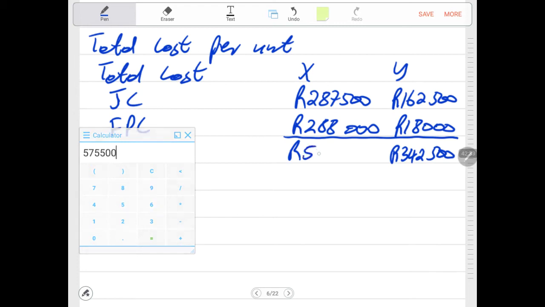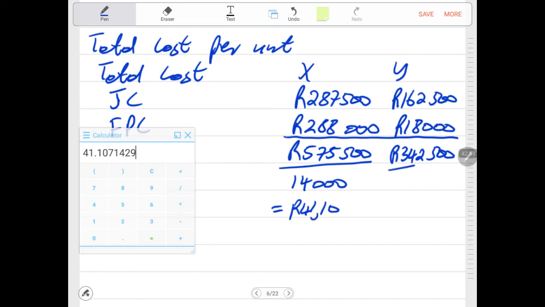It is 575,500. Divide by the number of units that were produced. Divide this by 14,000. We get to our total cost per unit as 41 rand 10 cents, and we divide here by 12,300, the number of units that were produced.